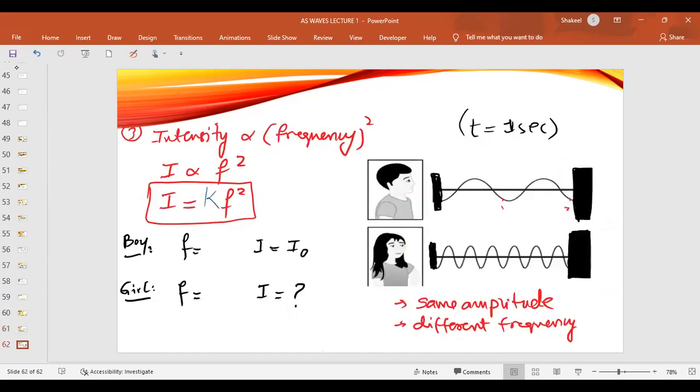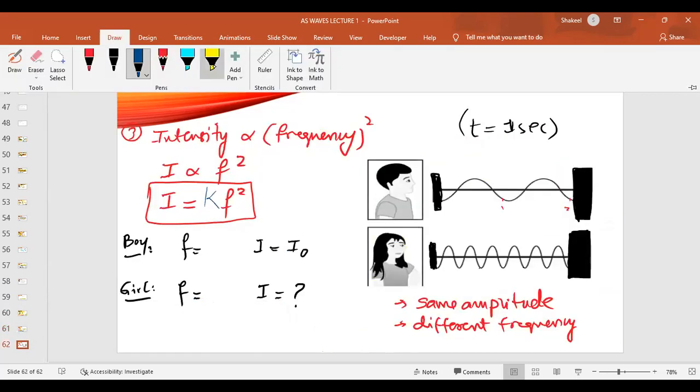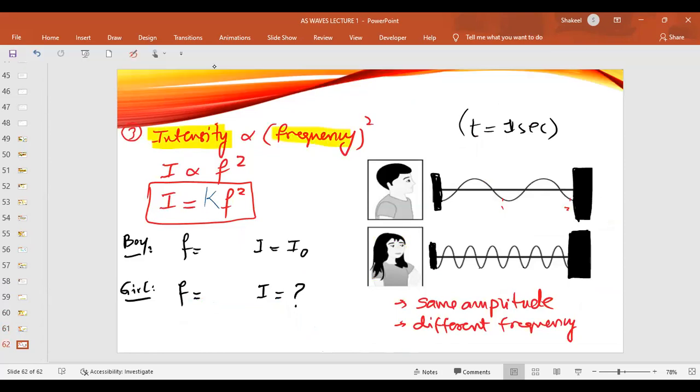Okay, the last factor is that intensity is directly proportional to frequency square. So let's say a boy is talking, and his sound wave is going to the wall. And when a girl is talking, many sound waves are going to the wall.